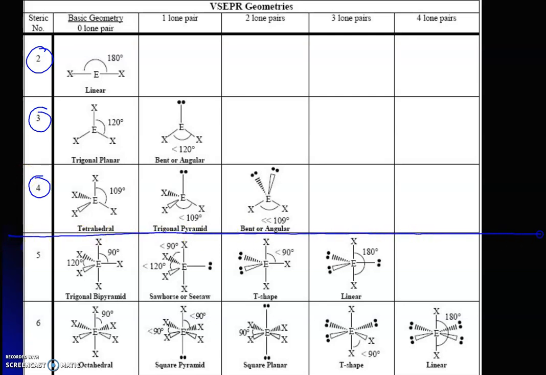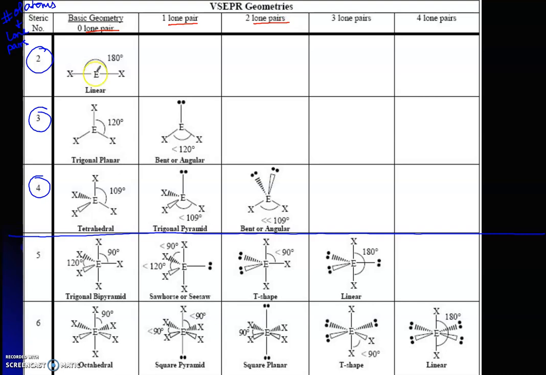These 5 and 6 are for AP chemistry. Steric number means the number of atoms and lone pairs around the central atom. And up at the top, it'll tell you how many lone pairs we're talking about. You max have to worry up to 2 lone pairs.